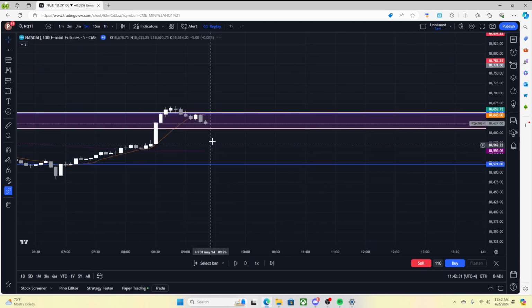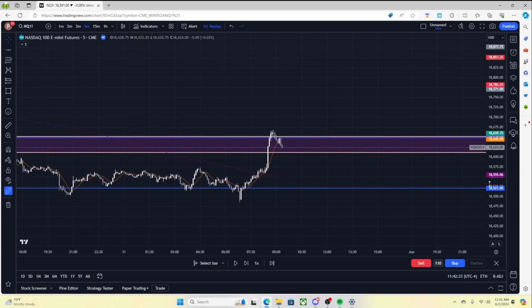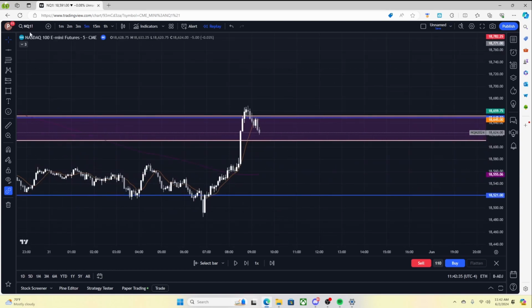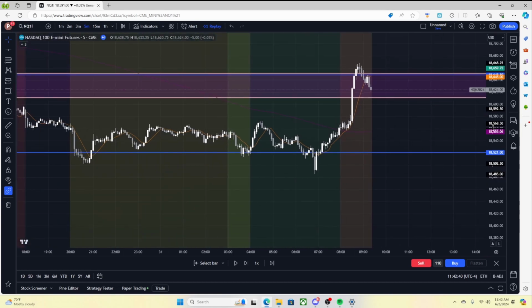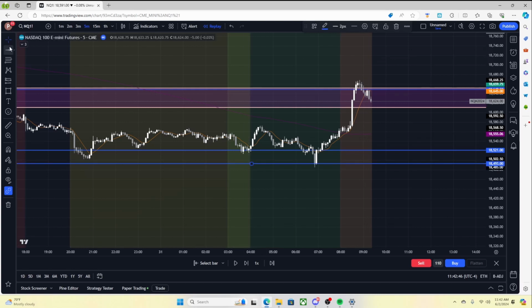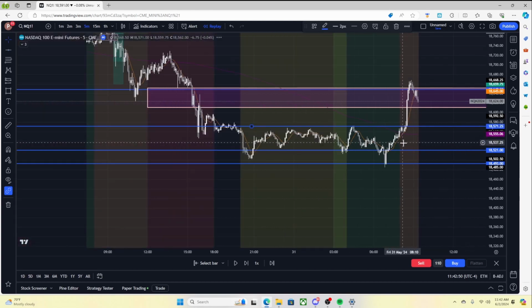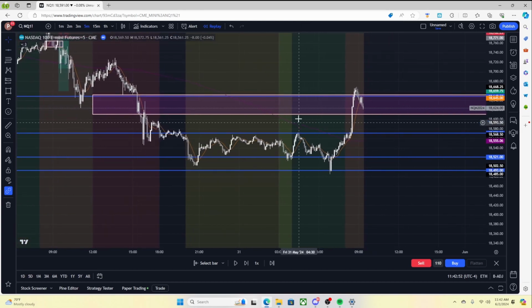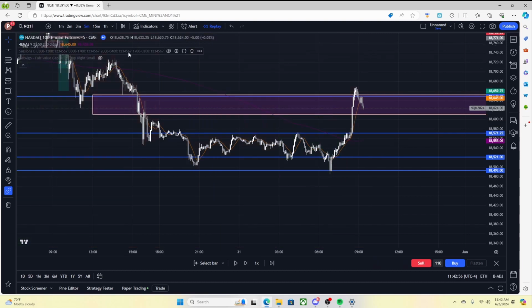We'll go into the 5-minute here, turn on my sessions, then mark out again London and Asian highs and lows. So lows right there, highs right here. So already confirming my sentiment that I want to see a play to the downside, a bearish play.